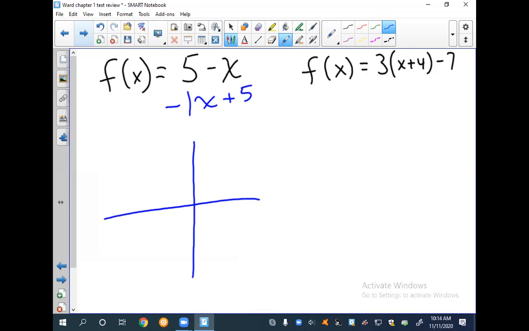So I'll get graph. What am I going to put a dot at first? Some -1 somewhere or some 5 somewhere? That 5 tells you there's a dot at 5 on the what? That 1 tells you what?